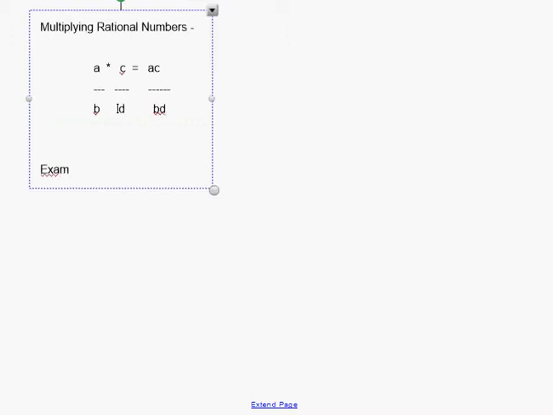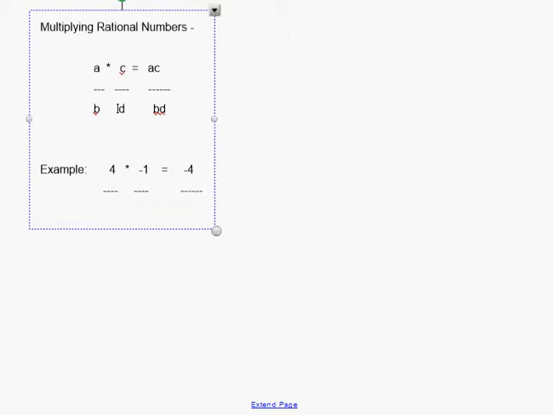Hence, for example, we would have 4 times -1, which would give us -4, over 5 times 3, which gives us 15. So we multiply numerators together, we multiply denominators together.